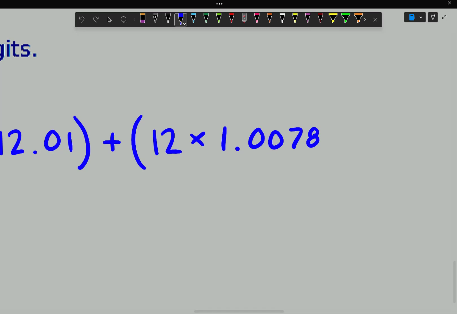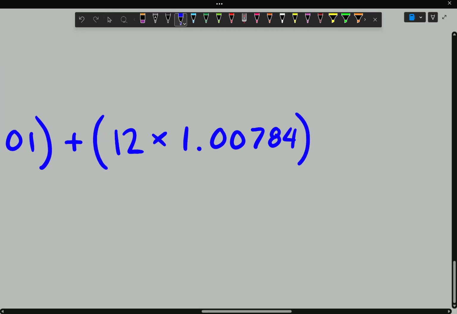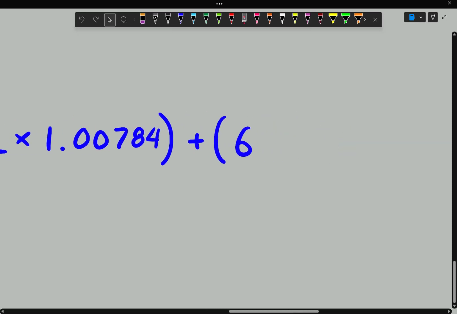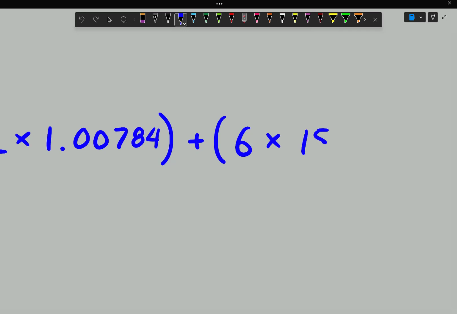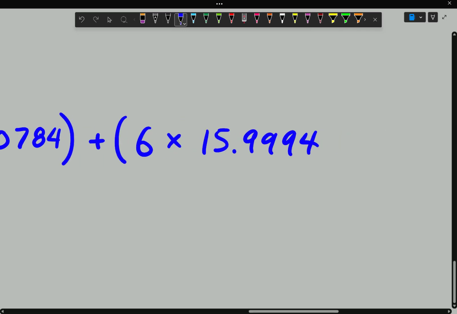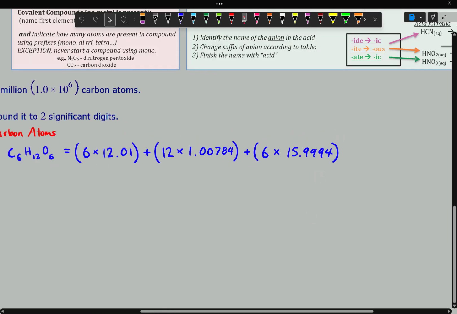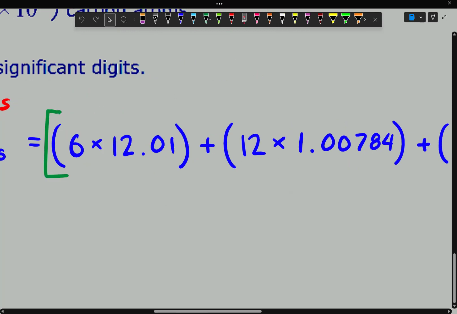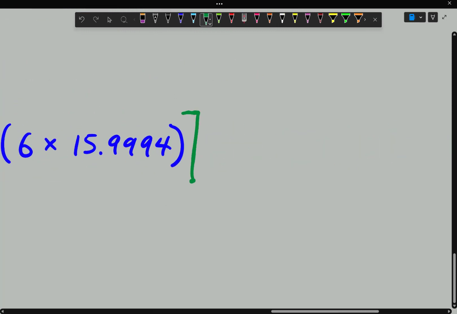It gives you 1.00784. And then plus 6 of the oxygen molar mass, which the ALEKS value for oxygen molar mass is 15.9994. And remember our units. The units for molar mass are going to be grams per mole.